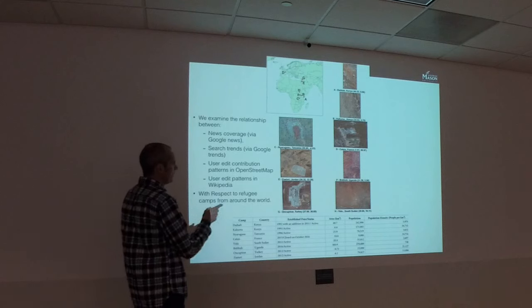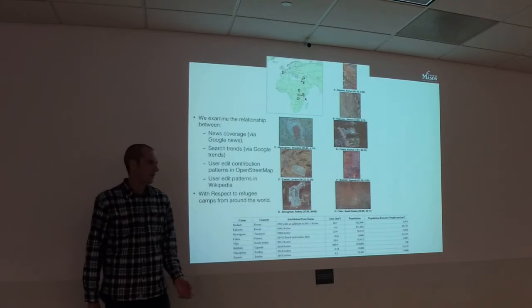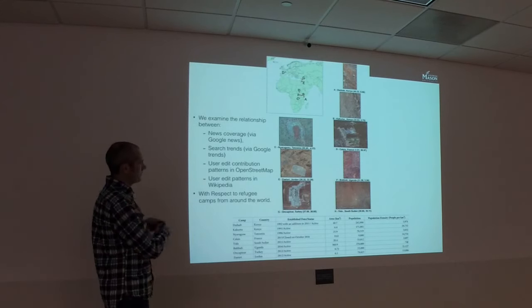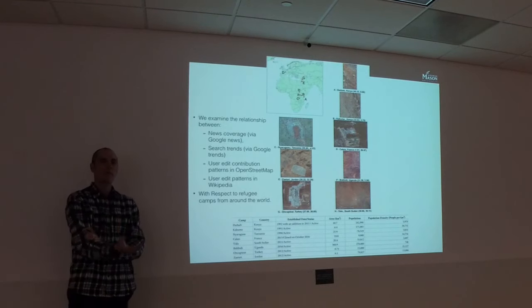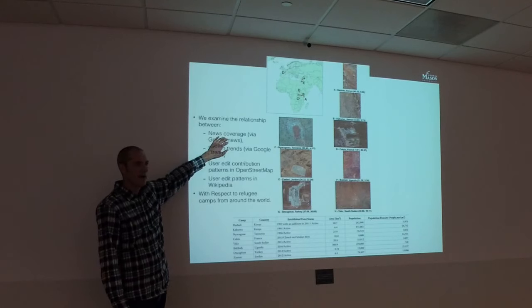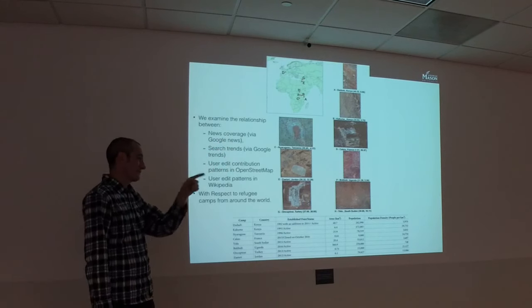So the question is, why do people map these? I'm still trying to work this out. We're trying to understand this digital activism: what causes someone to become digitally active and actually go out and map these types of things? Is digital activism driven by news coverage?